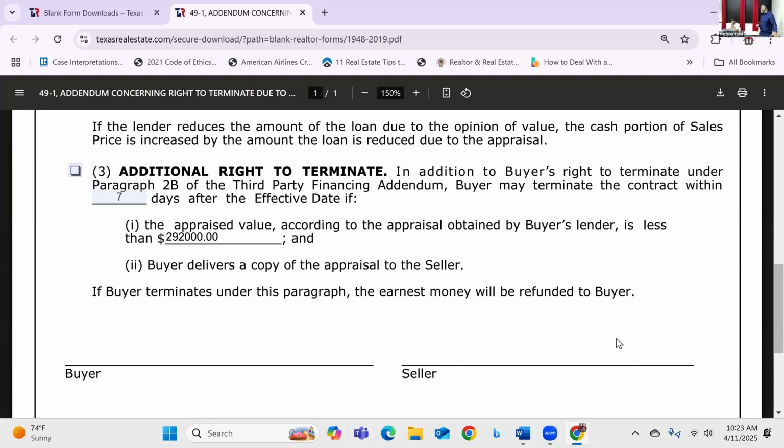Similar to 2, but it's getting more in the weeds and giving them more time to make a decision. I think that's the big difference between 2 and 3: they're almost the same, but this one gives them that extra additional right to terminate, like it says, based on some real financial calculations.